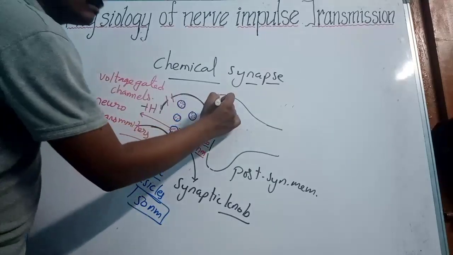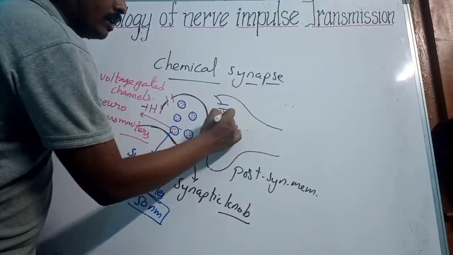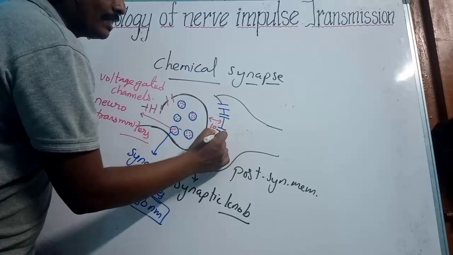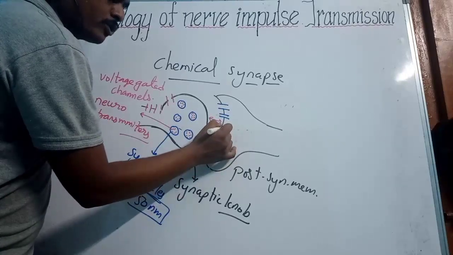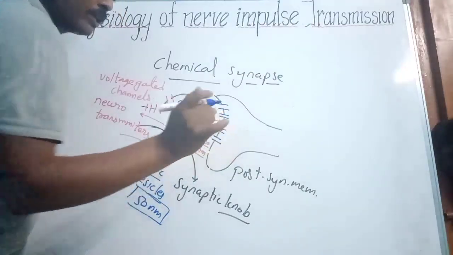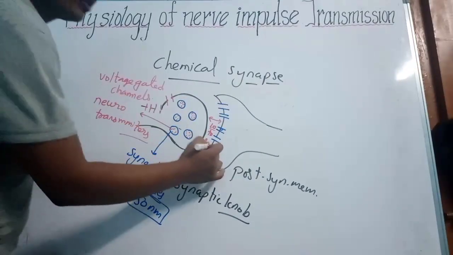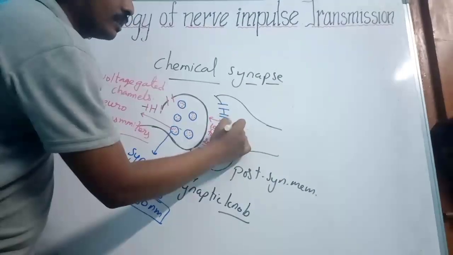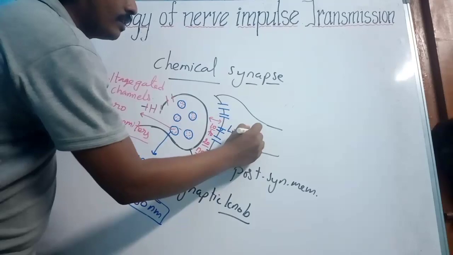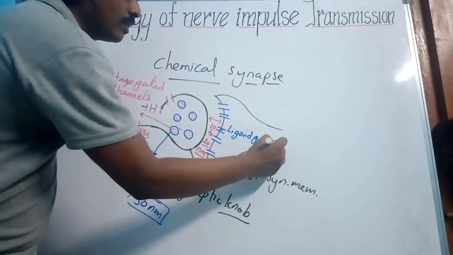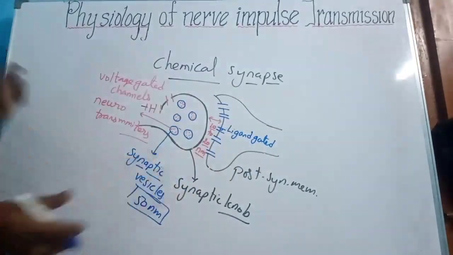So here there is a special type of channel called ligand gated channels. These are all sodium channels, remember, because depolarization always depends upon sodium. So here we have special channels called ligand gated channels only in the postsynaptic membrane.